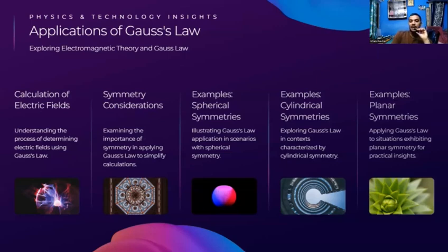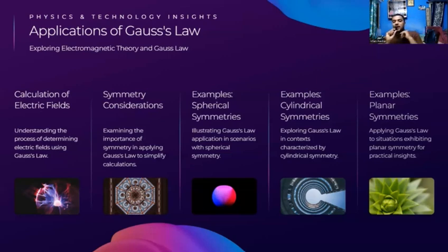Then, spherical symmetry, symmetry again. See, the different symmetries: spherical symmetry, cylindrical symmetry, and planar symmetry. Spherical symmetry illustrates Gauss law application in scenarios with spherical symmetry. Cylindrical symmetry explores Gauss law in contexts characterized by cylindrical symmetry.